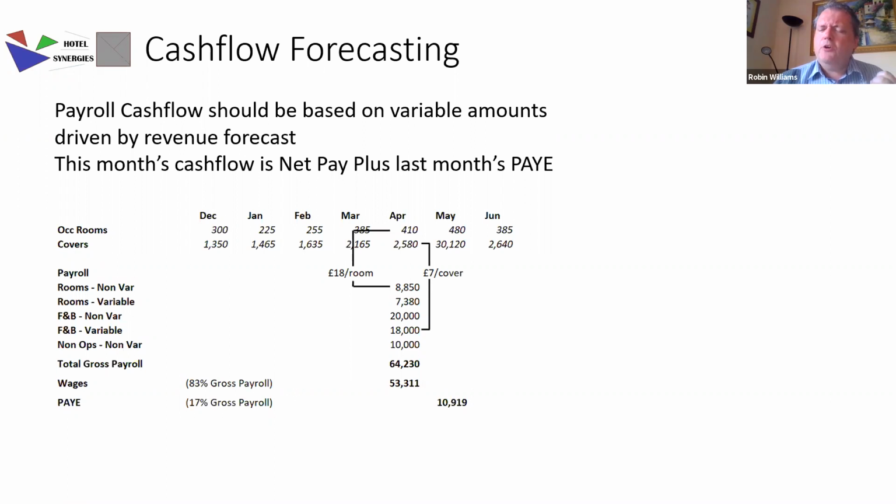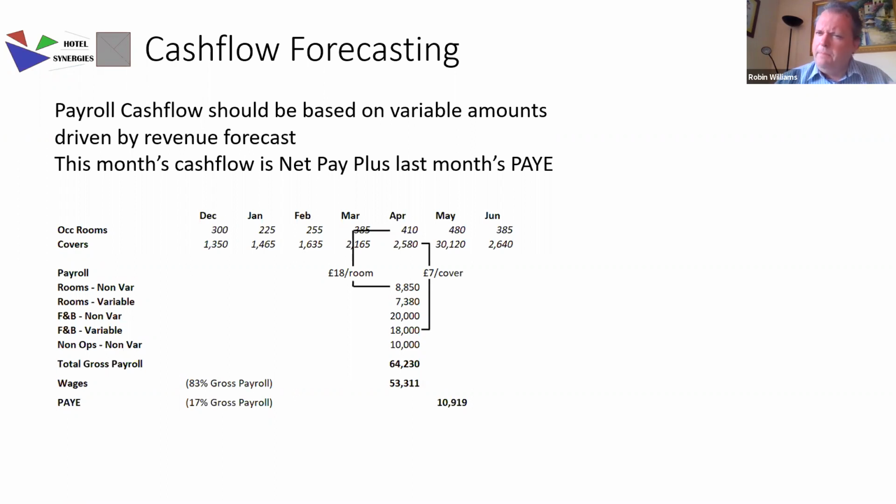And so to get a good idea of what cash flow is going to go out for that payroll, you need to base it on the number of rooms. And likewise with a restaurant, unless you're running with a restaurant that's virtually empty, your restaurant figures will be based more on the number of people you expect to serve than the actual revenue you expect to take. So always bear that in mind.